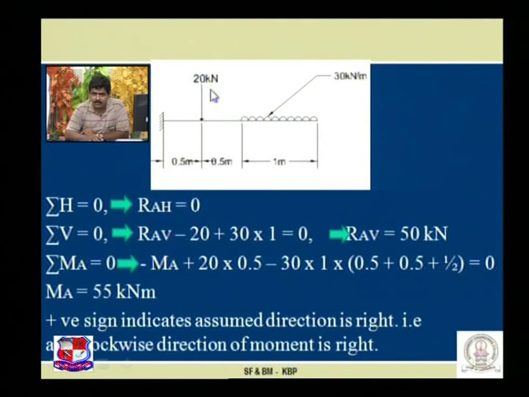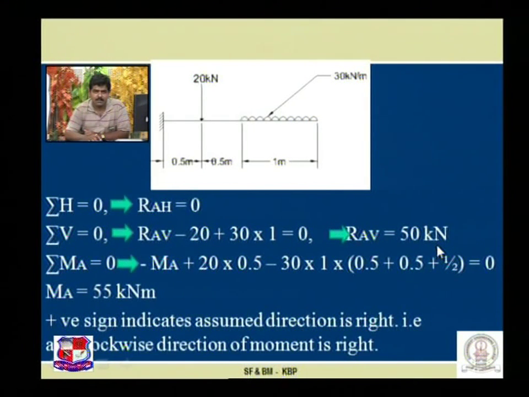Now the 20 kilonewton is acting downward, so minus 20. The other load is the UDL of 30 kilonewton per meter acting for a length of 1 meter, so minus 30 into 1. Overall, RAV is equal to 50 kilonewton, as the 20 and 30 go to the right side.